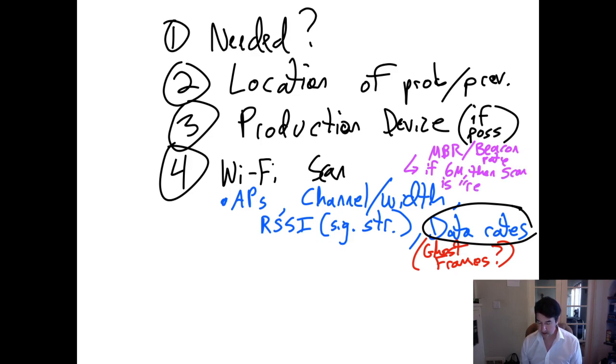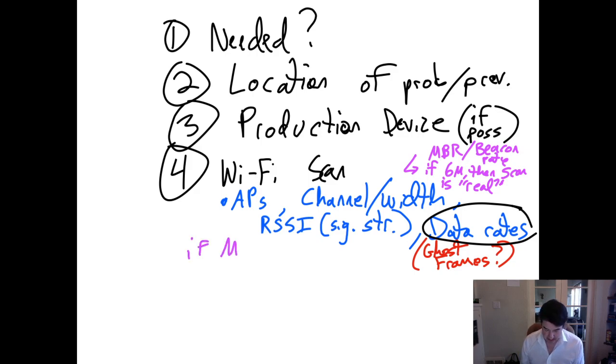What I mean by the scan is real is that if you see an access point in your scan that looks like it could be interfering, then you can be pretty sure that there's interference. But more importantly, if you see that there aren't any access points in your scan that appear that they could be interfering, then you can be relatively confident that you're not getting interference from any of your nearby access points.